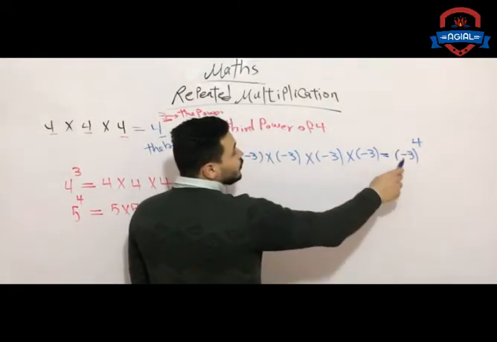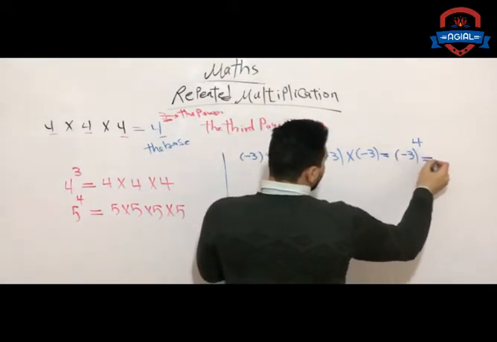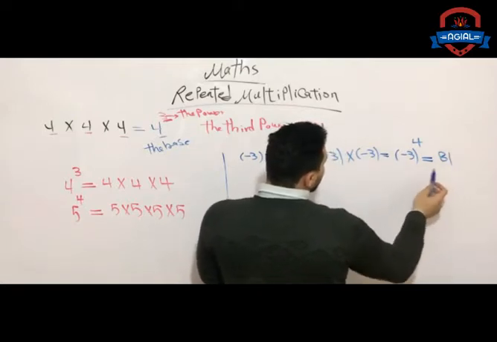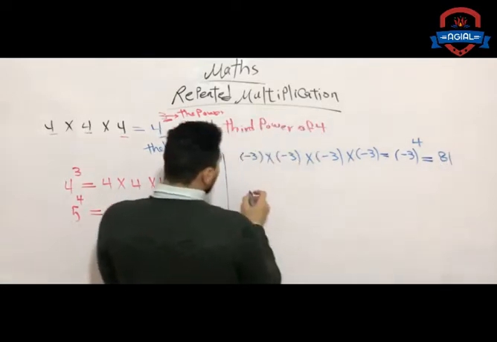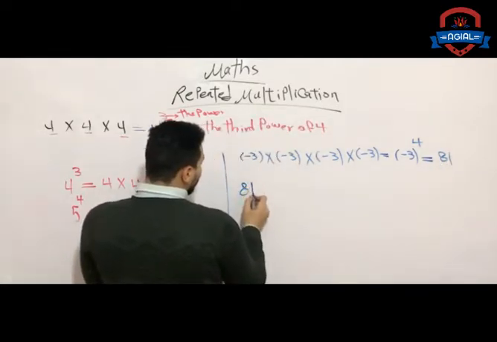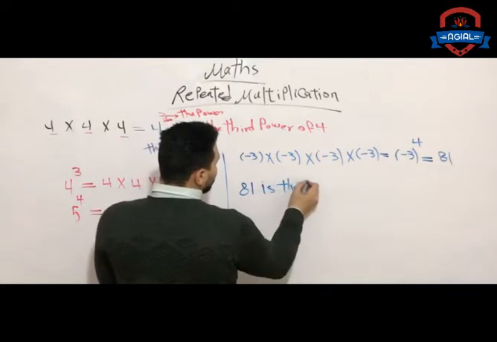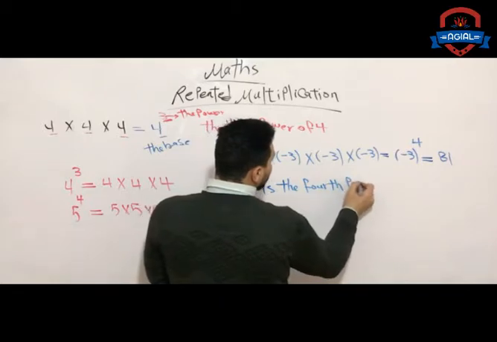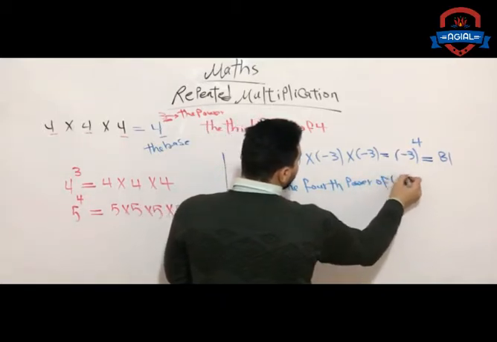And -3 to the power of 4 equals positive 81. So 81 is the fourth power of -3.